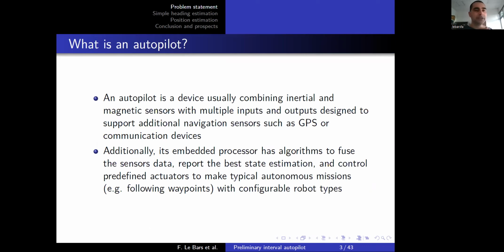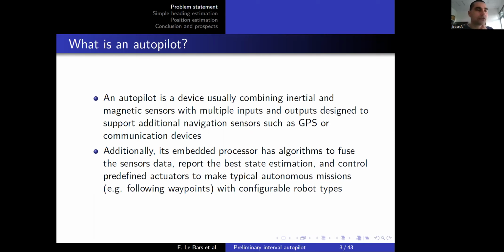An autopilot is typically a device that we find in aerial drones, but not only aerial robots, which combines several sensors, typically inertial and magnetic sensors, and also a lot of inputs and outputs to connect other types of sensors, such as GPS, communication devices, and potentially other sensors that can be used for state estimation.